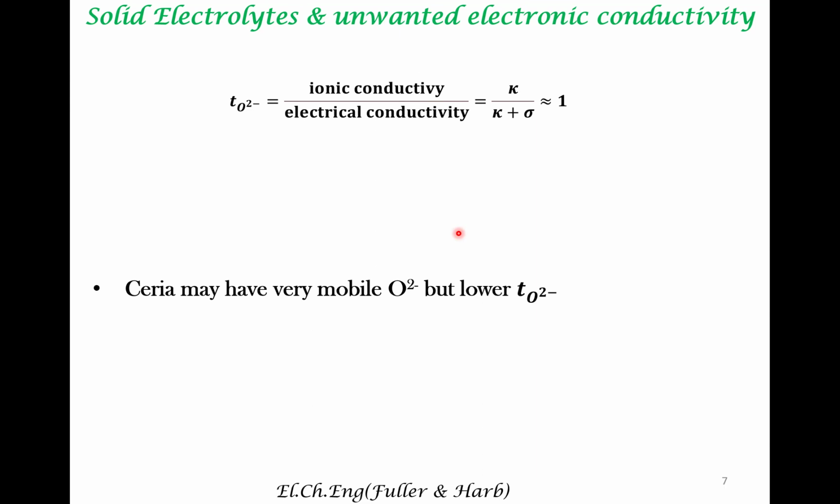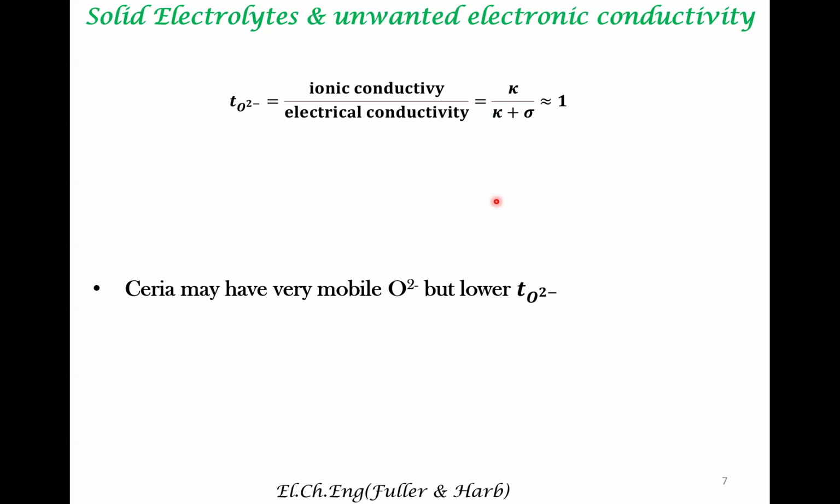You want the electrons to go only via the external wire and not via the electrolyte. So it is always important to have only ionic conductivity in the electrolyte. So in this case, because you have aliovalent doping, there is some chance of electronic conductivity.